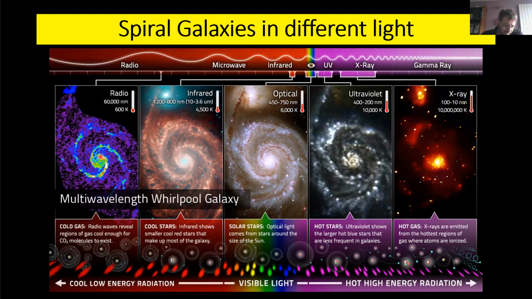But again, we see that a lot of this gas seems to be mostly in the spiral arms. So we can assume that also if we would look for the hydrogen, it would look relatively similar. And therefore, we can assume that star creation is going on mostly in there.